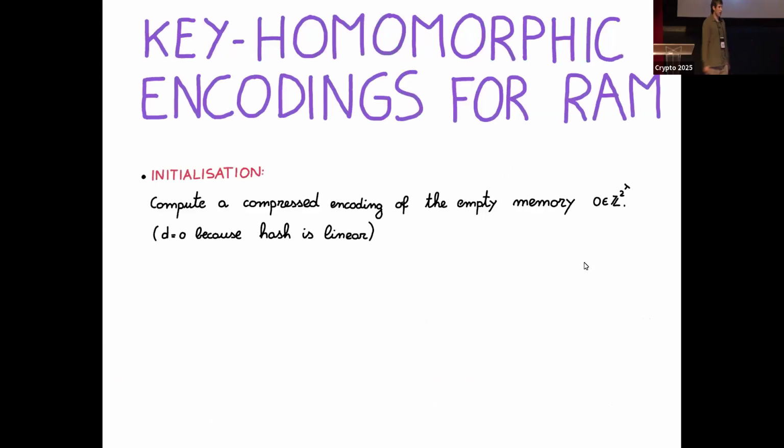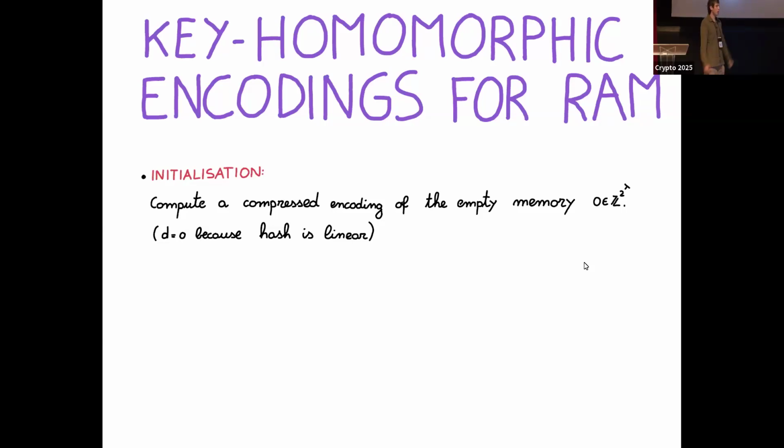So to summarize, how do we perform RAM operations? We start from the empty memory, a huge vector of exponential size 2 to the lambda, where all the entries are 0. We compute a compressed encoding of this, and we can do it efficiently because our Merkle tree is linear, since the basic hash function is SIS-like. So the hash of 0 is 0, and it's quick to compute.